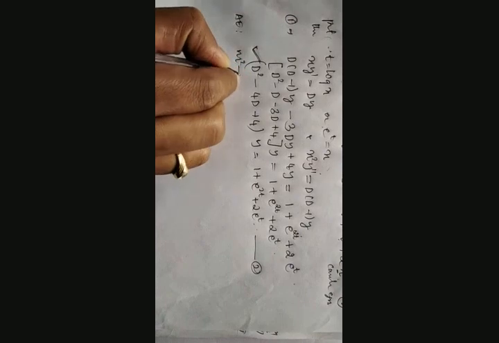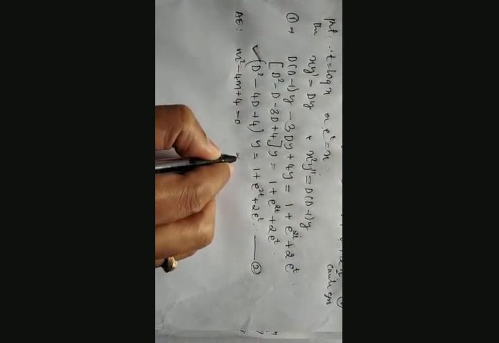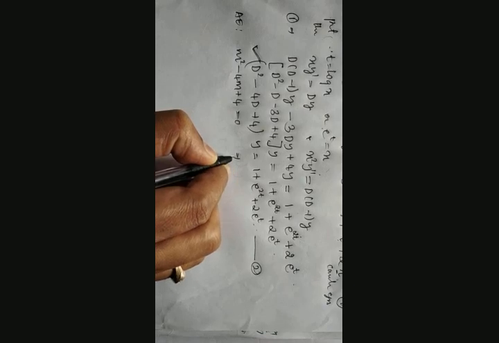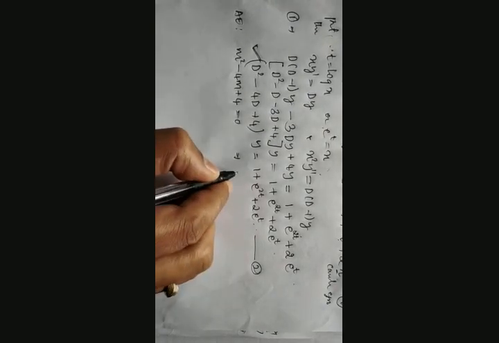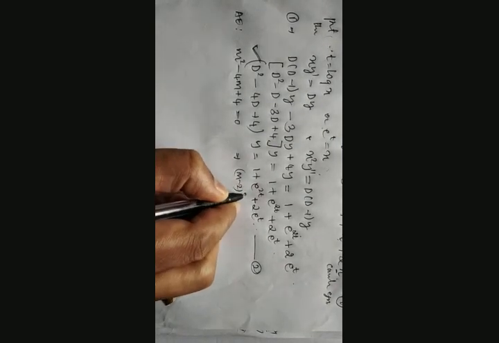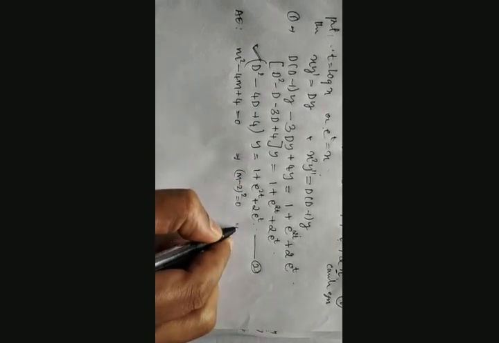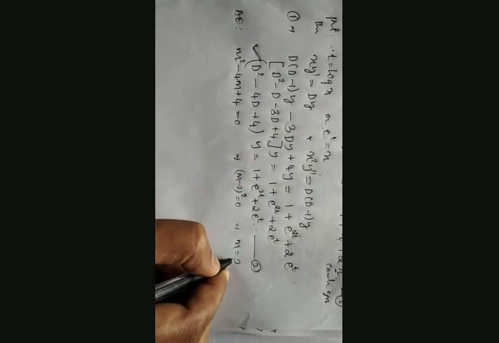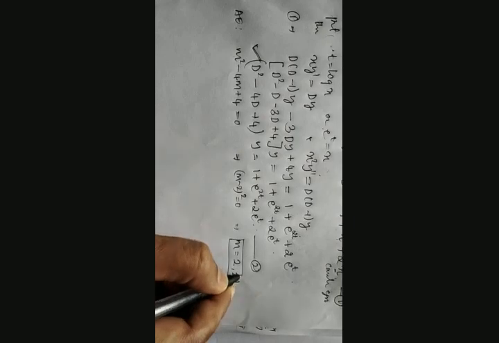Then it becomes m square minus 4m plus 4 equal to 0. If you solve this to get the roots, the value of m is m minus 2 whole square, which means m is equal to 2 comma 2.